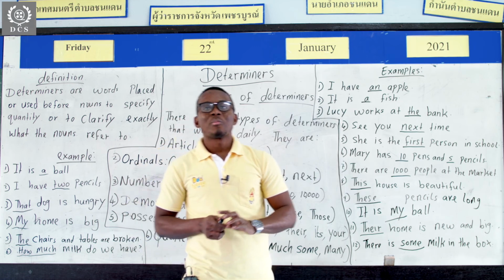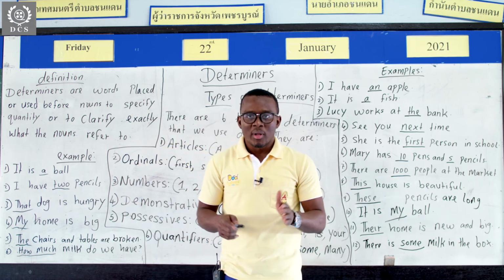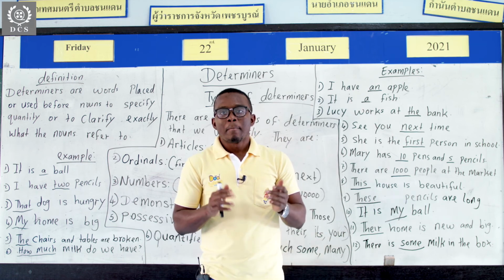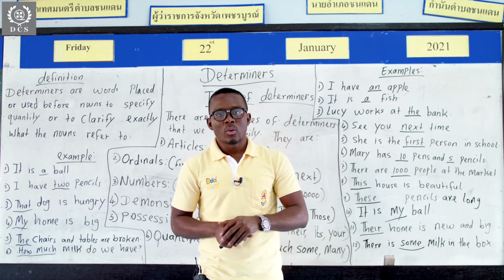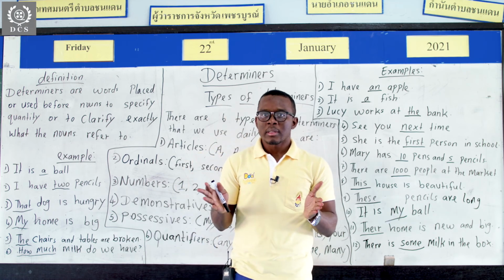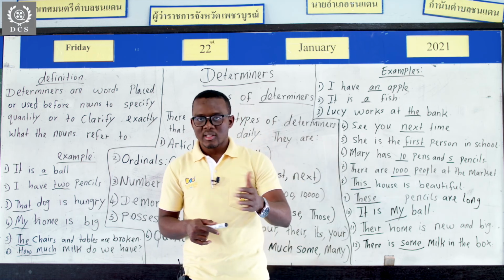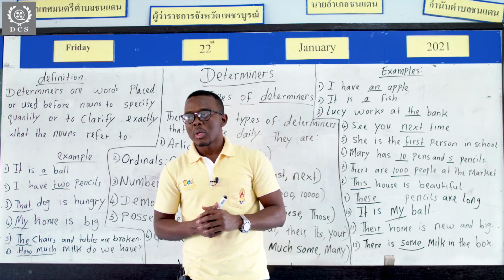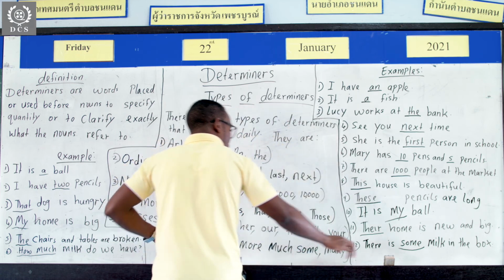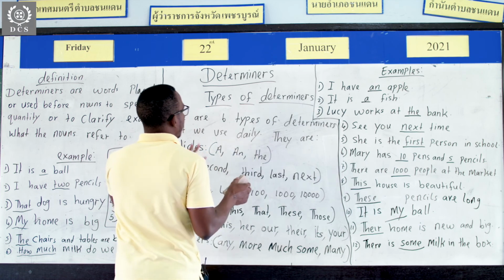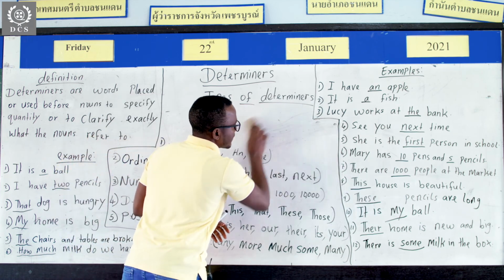So guys, I hope you have understood this lesson very well. But in case you haven't understood, please leave a comment in the comment section of this video, and I will get back to you with more explanation as soon as possible. So before we go, let me give you some homework to do. So I will just clean here so that I can write down the homework.